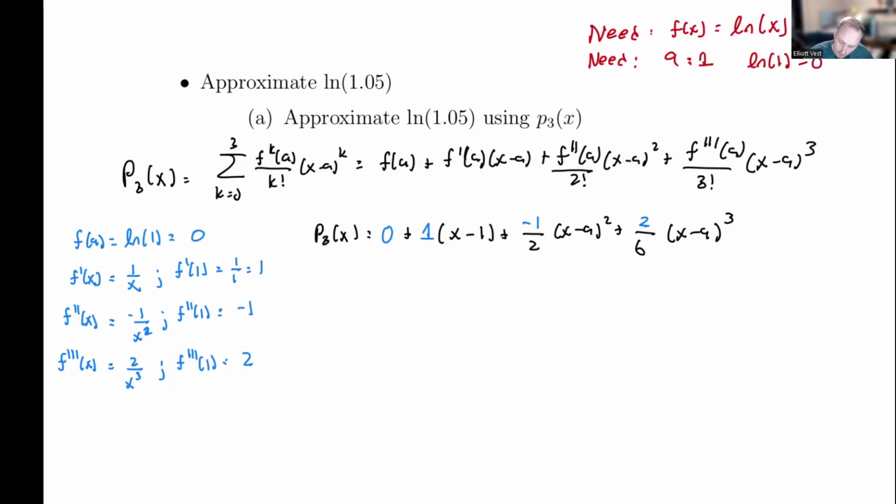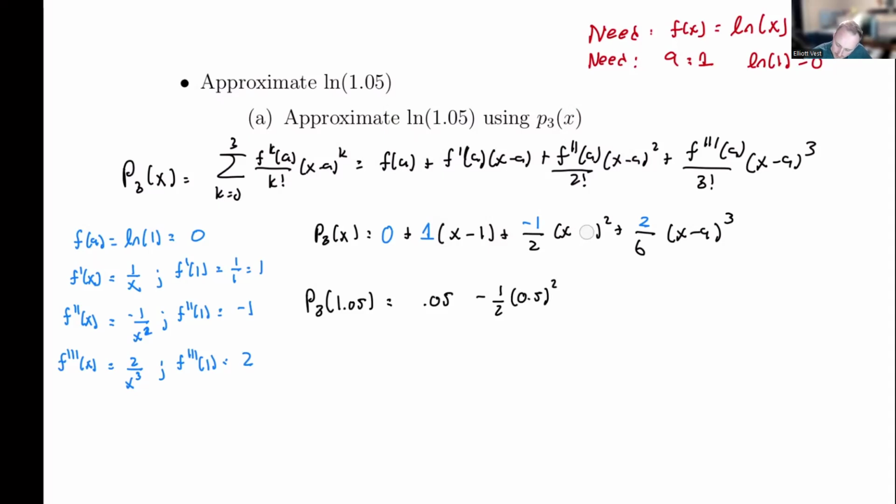Okay. We're approximating 1.05 here. So let's plug that in. P3 of 1.05 is equal to, well, let's actually just go straight to this. This is 0.05, 0.05 minus 1/2 times 0.05 squared.